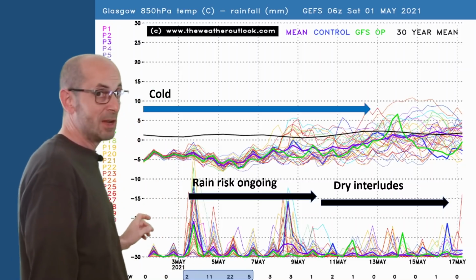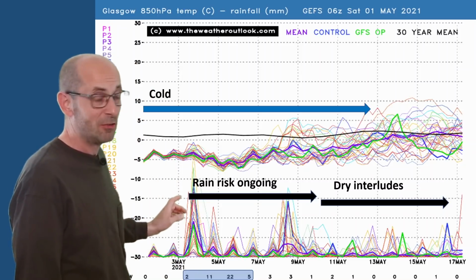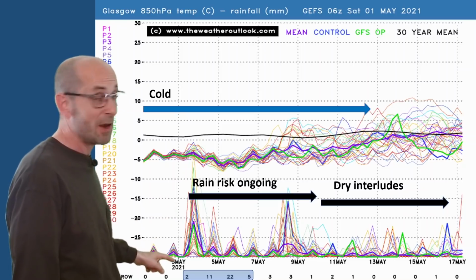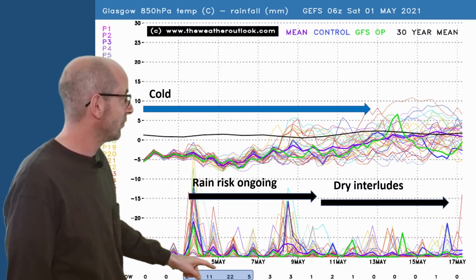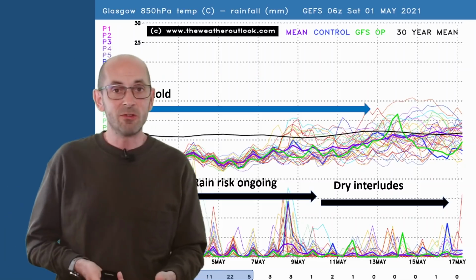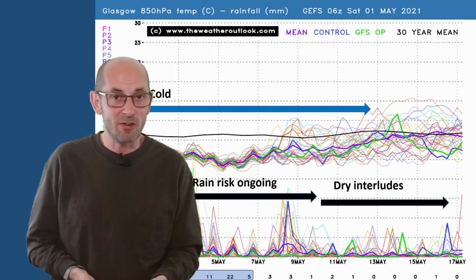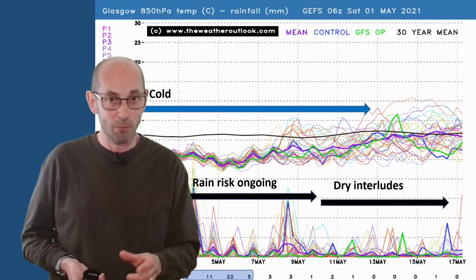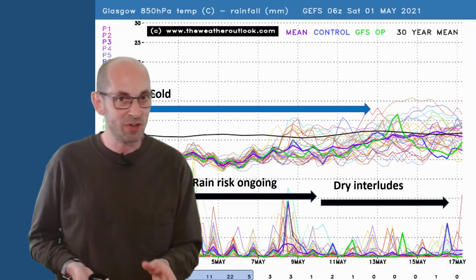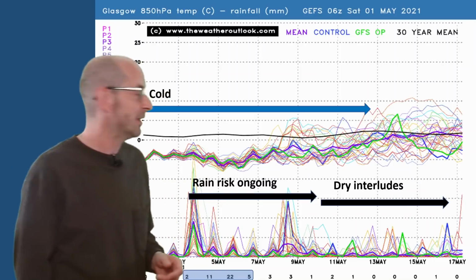In terms of the rain risk here, or I should say precipitation probably, because if you look across at the very bottom, the snow row I've highlighted has some quite high numbers there, 11, 22, 22, suggesting over a 60% chance of snow falling, not settling, but falling. So it could just be a few flakes mixed into a shower, but it's a high risk for the time of year.